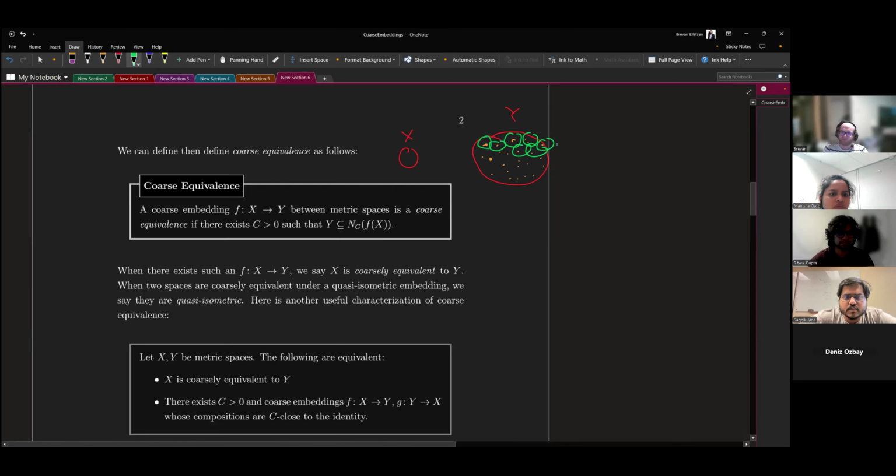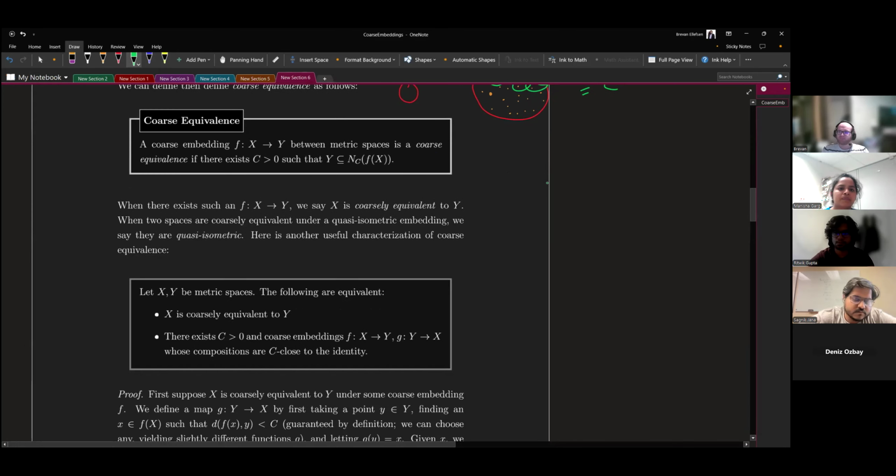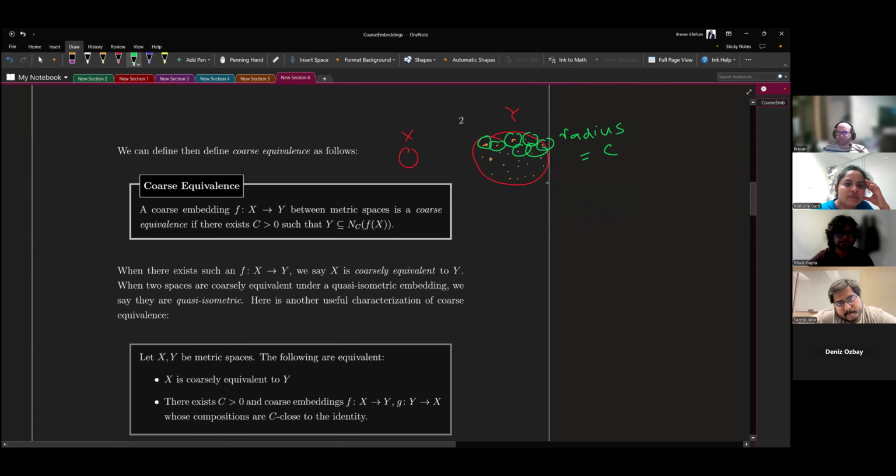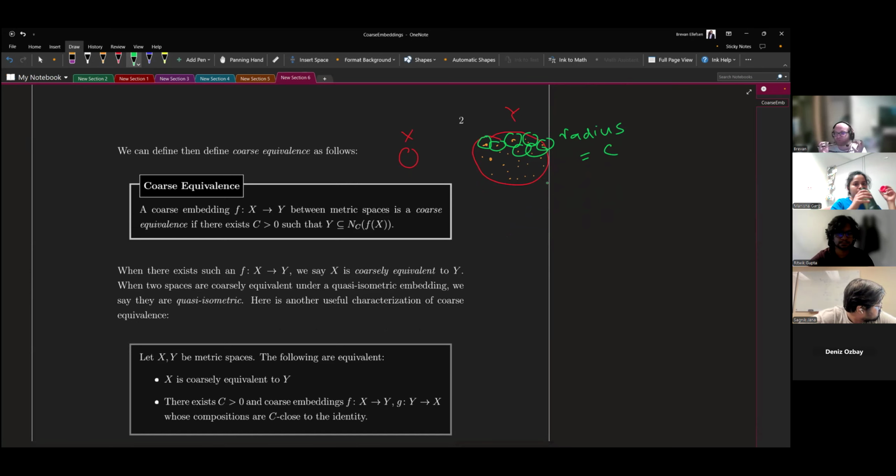So the radius here is equal to C. Any questions on it? So it's surjectivity almost. Again, we think of these things as globally being basically surjective, but there are issues around here. If you zoom in and view the fine details, it might not be surjective precisely, but it's almost surjective in that there's always something close enough.